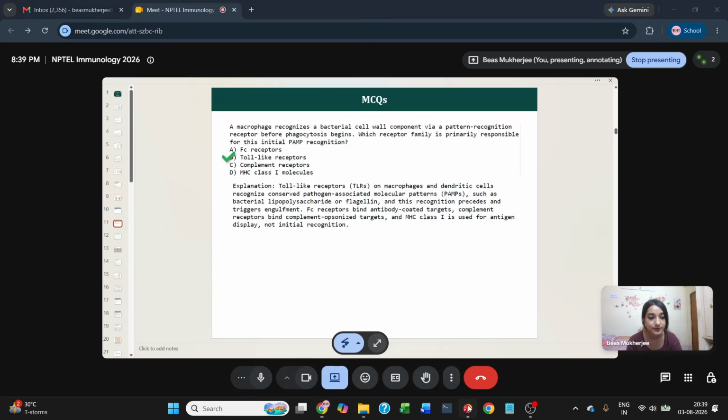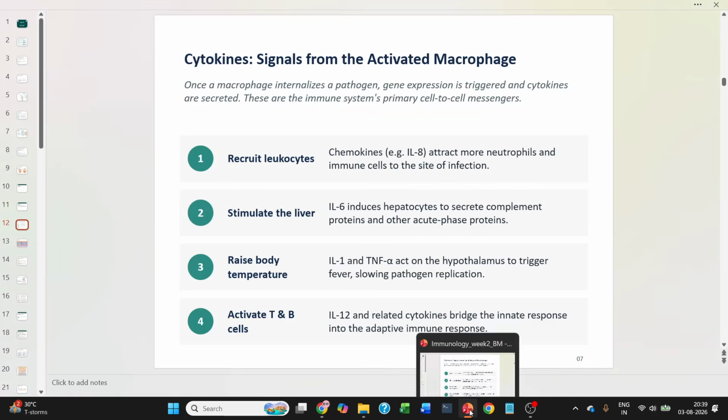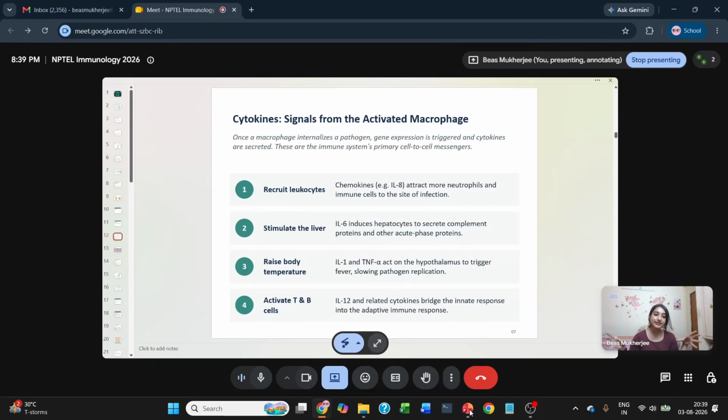Okay, let's move forward. Now, all of these immune cells have a property to release a lot of chemicals to ask other cells to come to this site of the wound. And these chemicals are cytokines. Okay, they are of multiple different classes and they have different functions. Now we will look at a few of them.